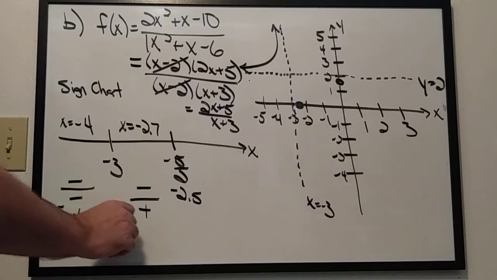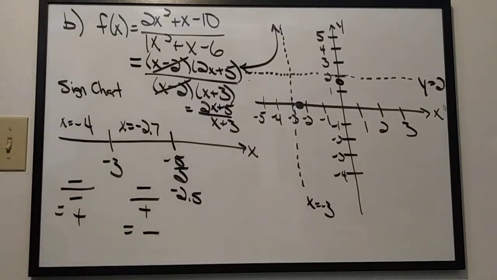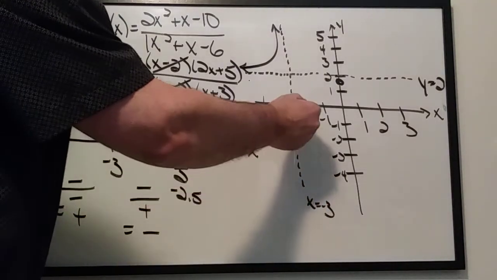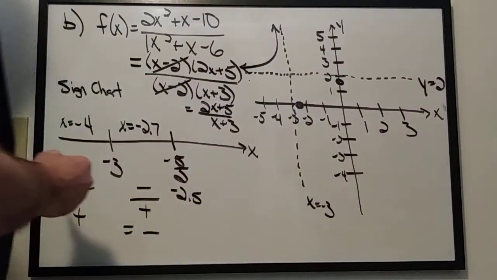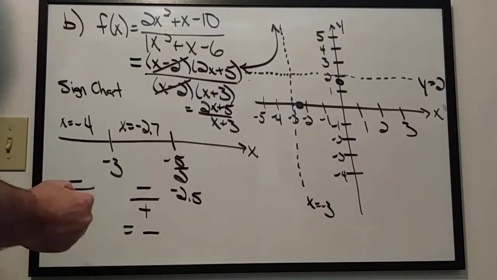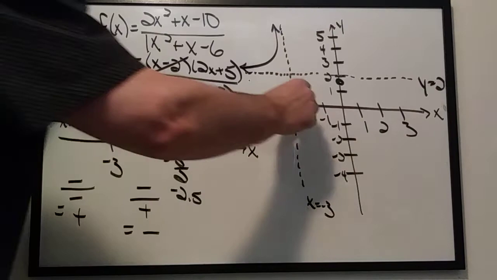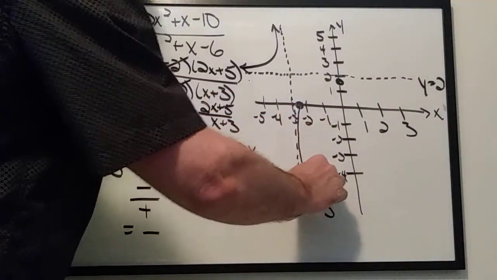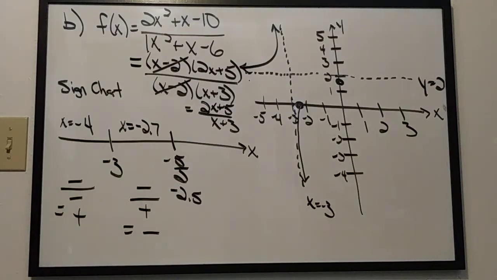A negative divided by a positive is a negative. So between negative 3 and negative 2.5, our graph has to be below the x-axis. Let's put that information in here. We have to go through this x-intercept, and between negative 3 and negative 2.5, we have to be below the x-axis. The only way that works is if we approach that vertical asymptote and go down forever there.